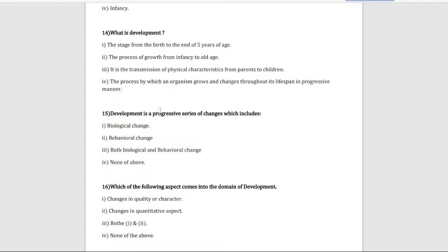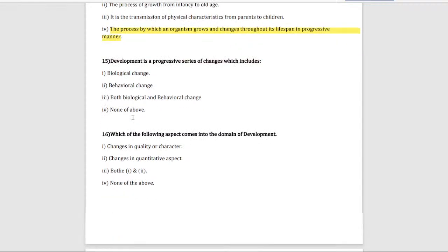Fourth, the process by which an organism grows and changes throughout its lifespan in a progressive manner. So, what should be the answer for this? What is development? And the answer to this question has to be fourth. Development is the process by which an organism grows and changes throughout its lifespan in a progressive manner.